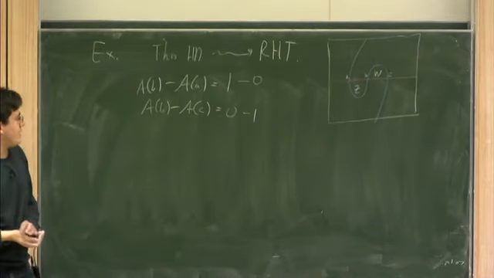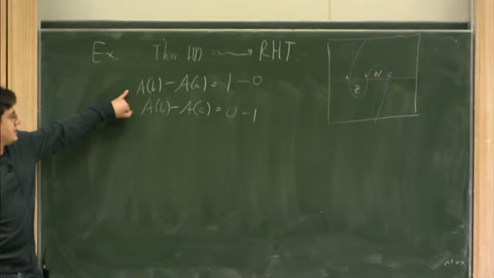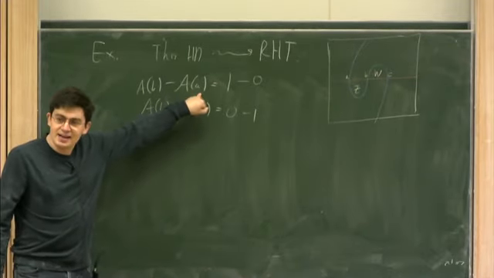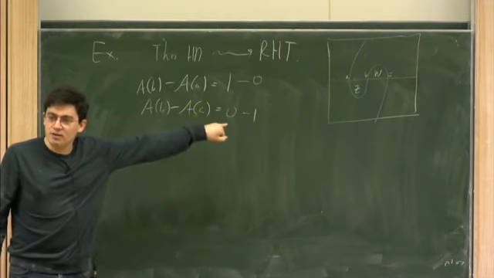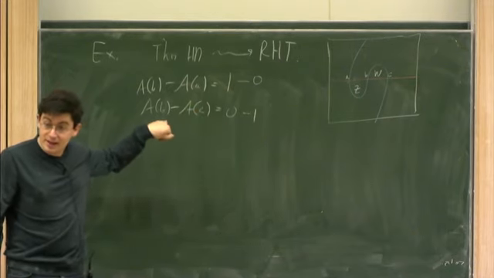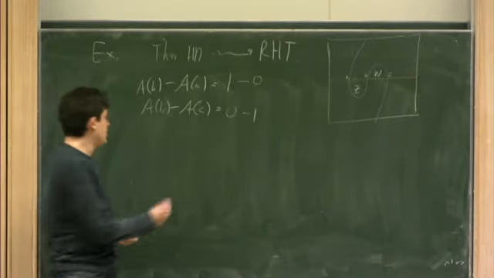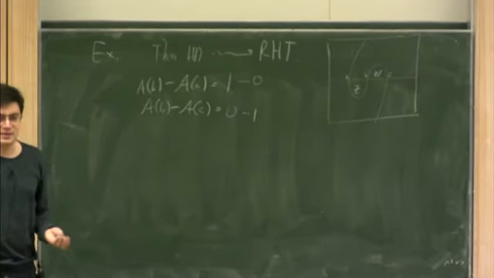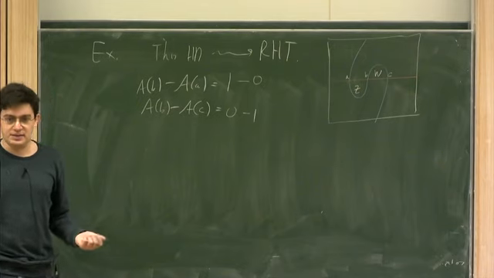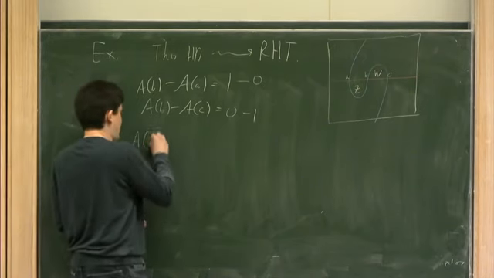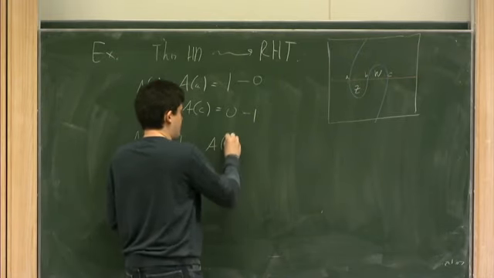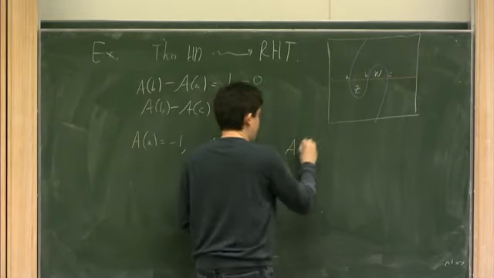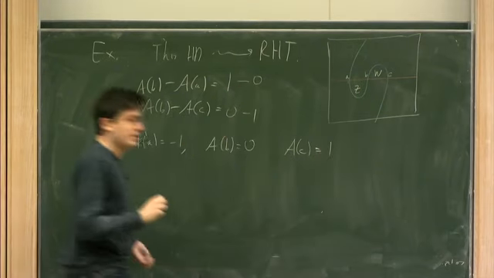As a result, that means that B has Alexander grading 1 greater than A, and C has Alexander grading 1 greater than B. And we can pin that down. The way we'll ultimately pin this down is we'll get it to be symmetrical. So we're going to say that A of A is equal to minus 1, A of B is equal to 0, and A of C is equal to 1. That's going to be our grading.